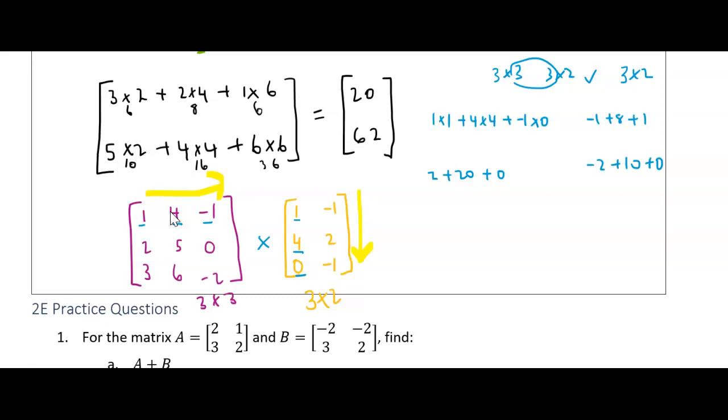All right, then we move on to the third row. So we have 3 times 1 is 3, 6 times 4 is 24, -2 times 0 is 0. And then last one, so third row, second column, 3 times -1 is -3, 6 times 2 is 12, got my plus sign, and -2 times -1 is 2.